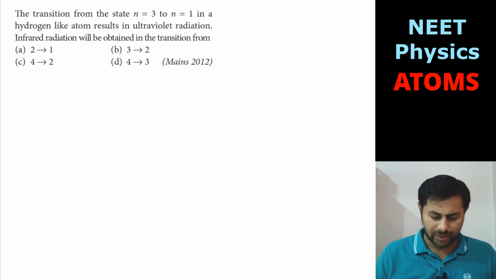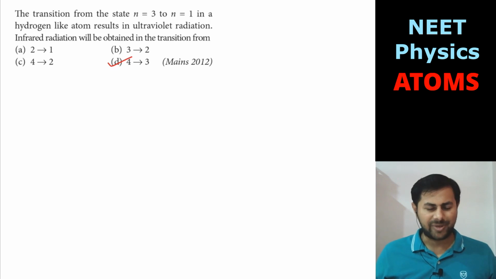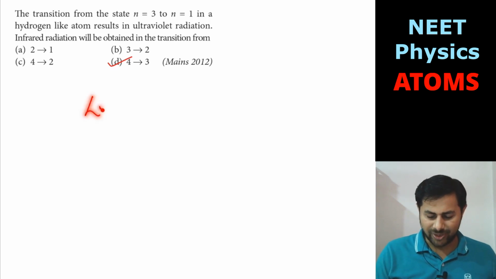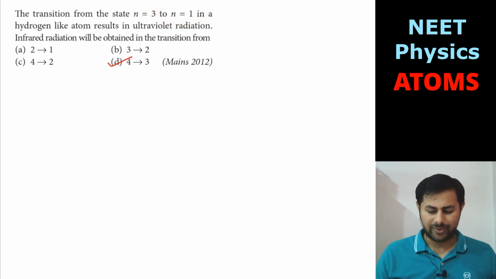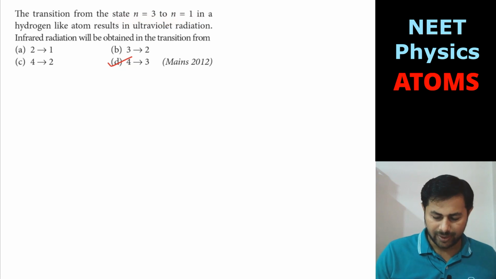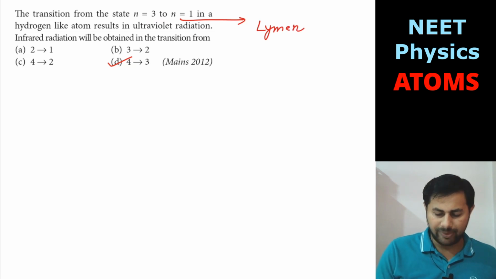So you just need to remember, Lyman is the transition from any nth level to the first level, and it lies in the ultraviolet region. So this is the Lyman series. This is the first wavelength of the Lyman series. And Lyman is ultraviolet.